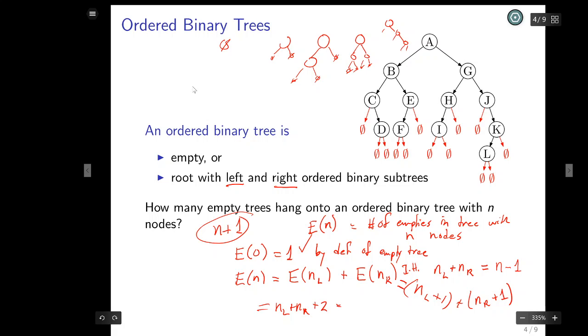NL plus NR is n minus 1, so this is n plus 1. This part here is n minus 1, so n minus 1 plus 2 is n plus 1, and we're done. But we had to use the recursive definition of the tree. That's the thing that let us make these two statements.